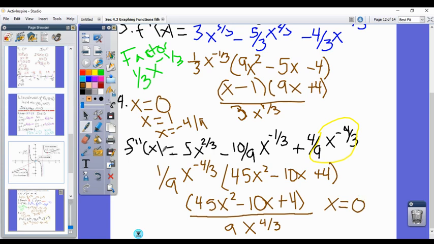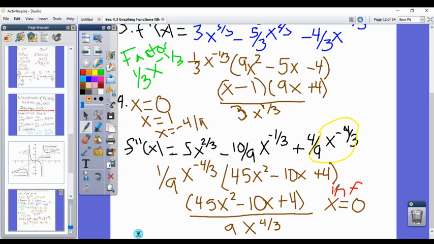So this is my inflection point. The next step is we are going to make our number line.